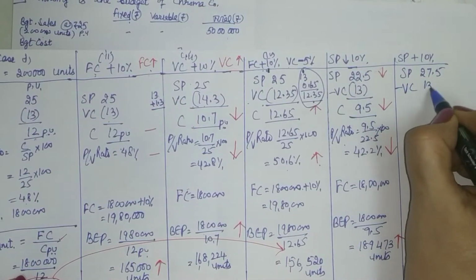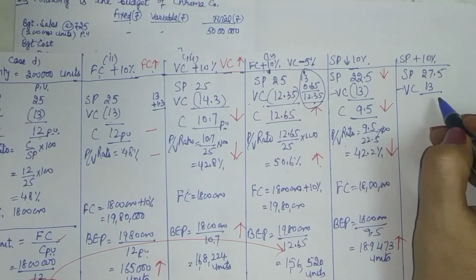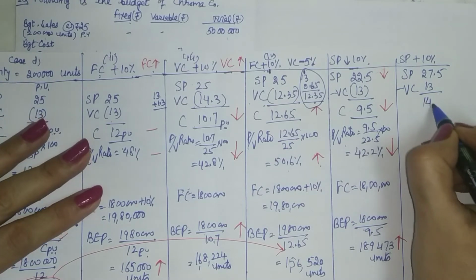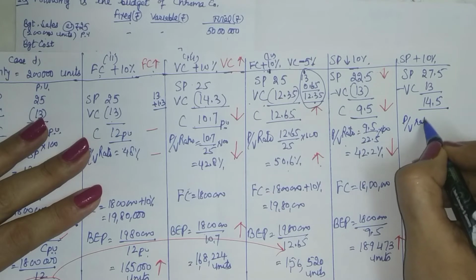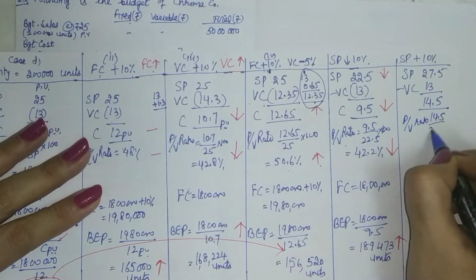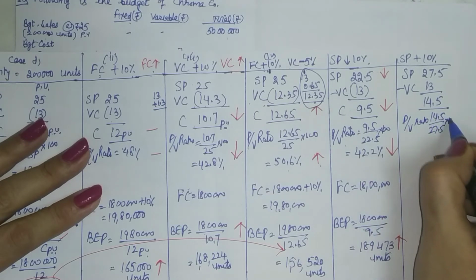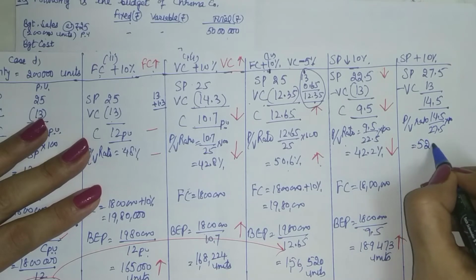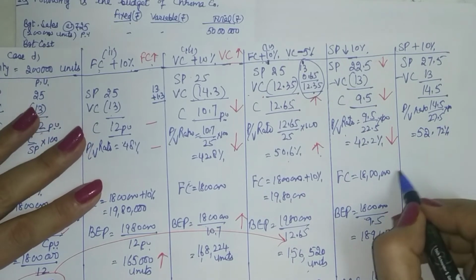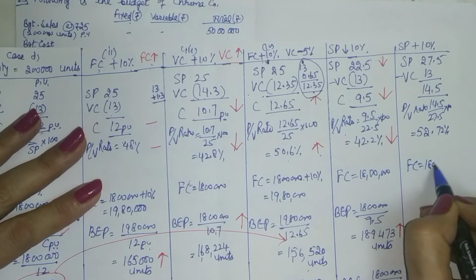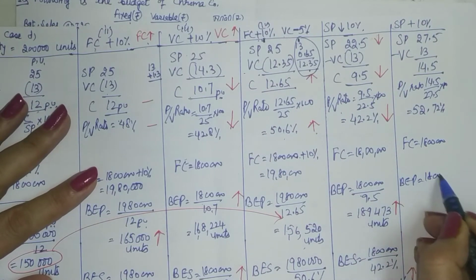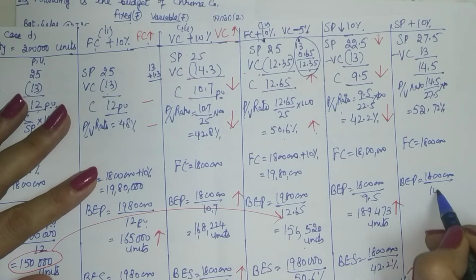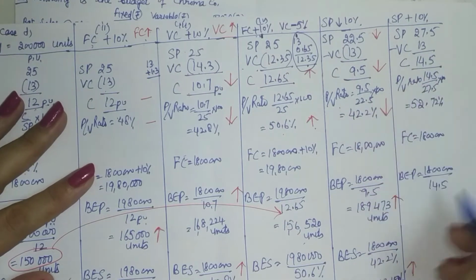Variable cost is the same, so you get contribution as 14.5. So PV ratio is going to be 14.5 upon 27.5 into 100, that is 52.72%. Fixed cost is the same, 18 lakhs.